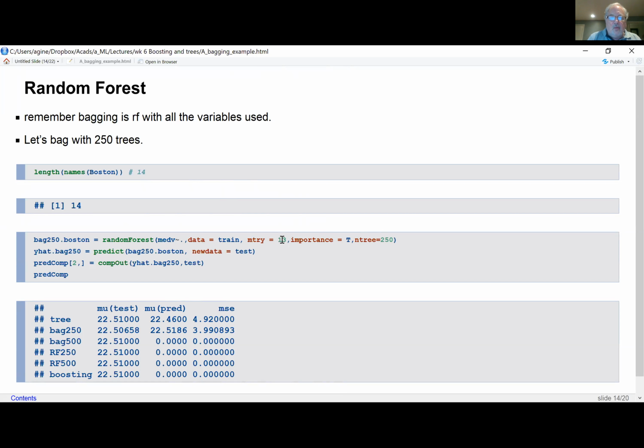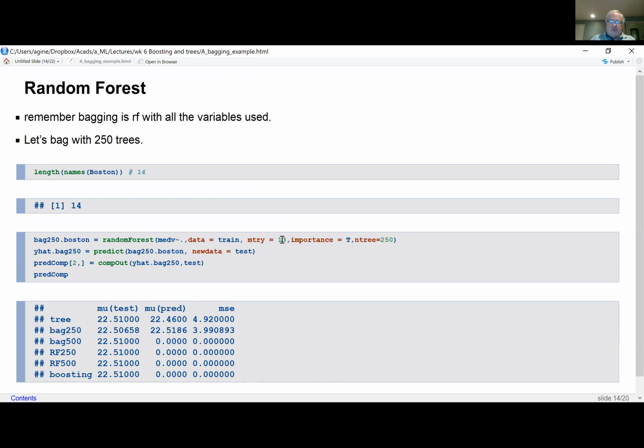So one thing you could do is you could keep track, at every node, on every tree, of what variable you used and how much it reduced the mean square error. So it takes a node and it divides it into two nodes. And the one thing you know for sure is that the weighted average of the mean square error of those two nodes is lower than the node above. So you can say, well, what variable did it split, right?